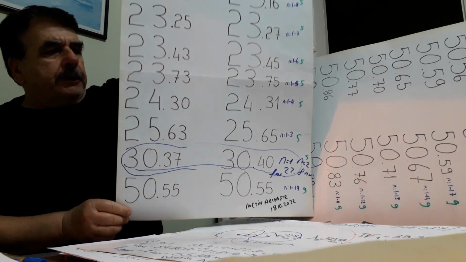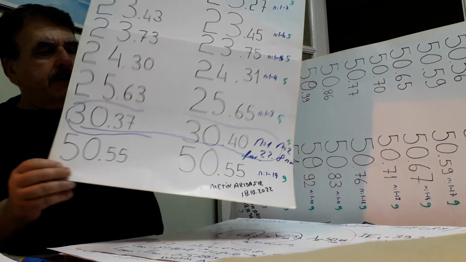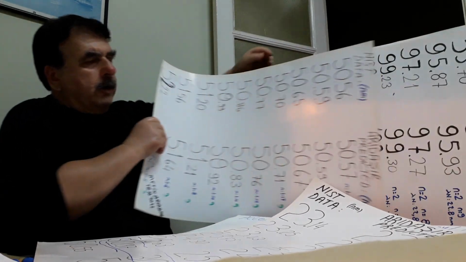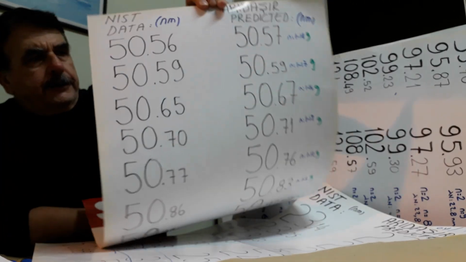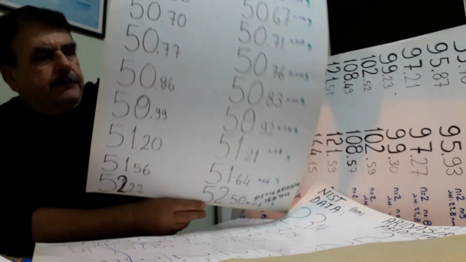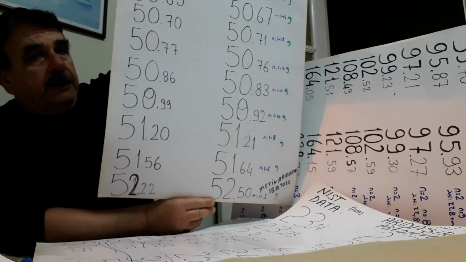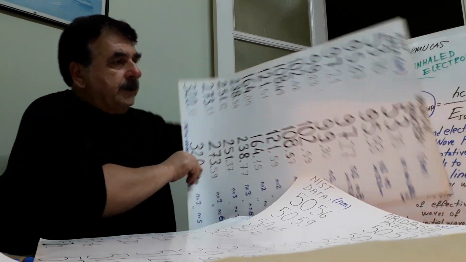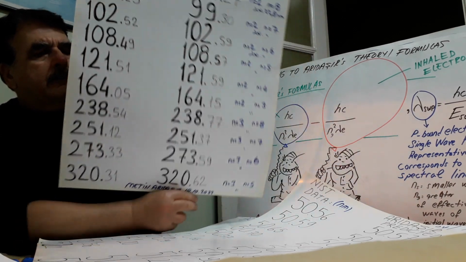Certain prediction according to my theory and my formulas. Here, almost all lines I have computed are in the observational data. Okay?